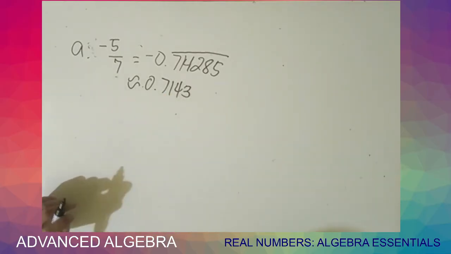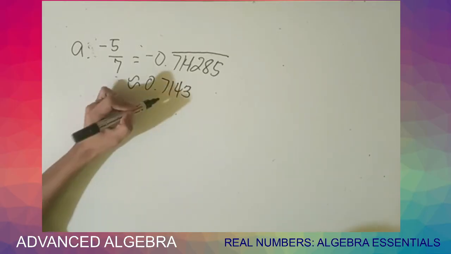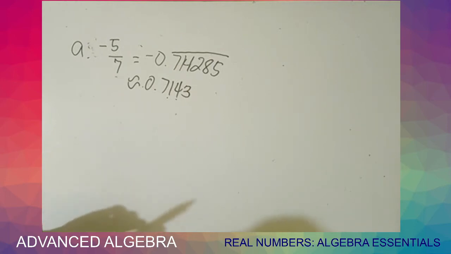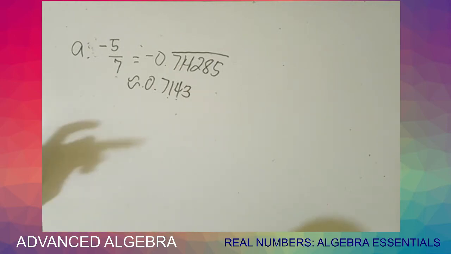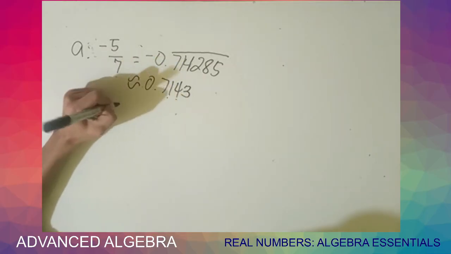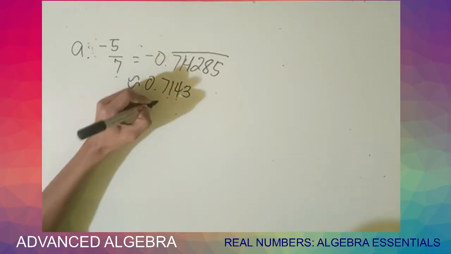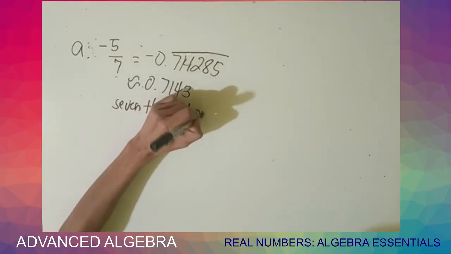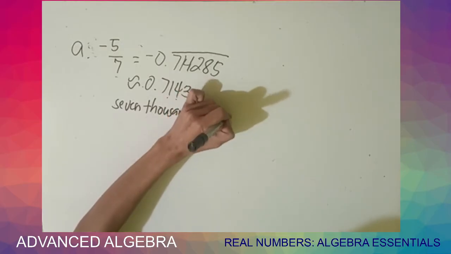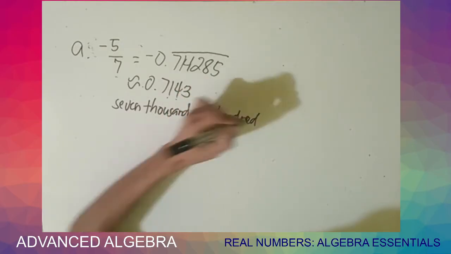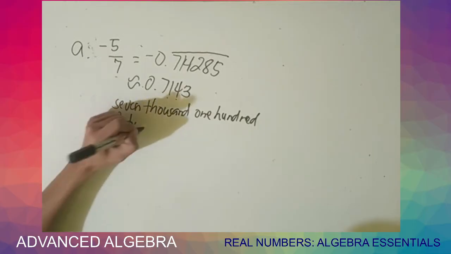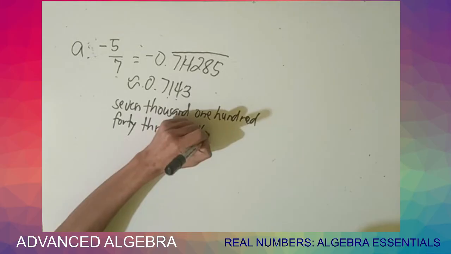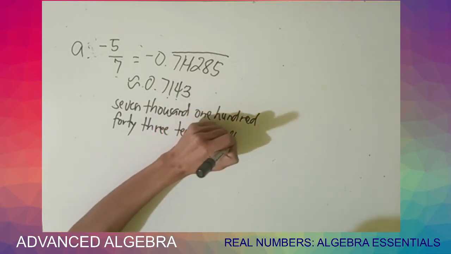So 0.7143 or 7,143 10,000ths. Pag sinulat natin yan ay 7,143 over 10,000.